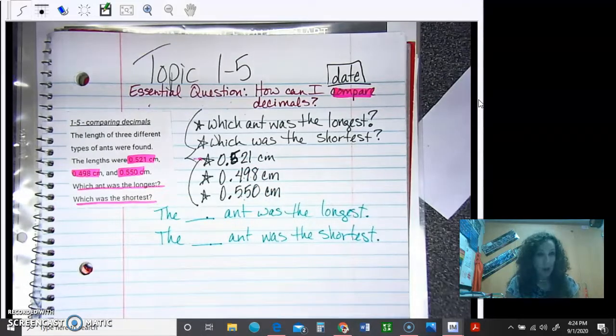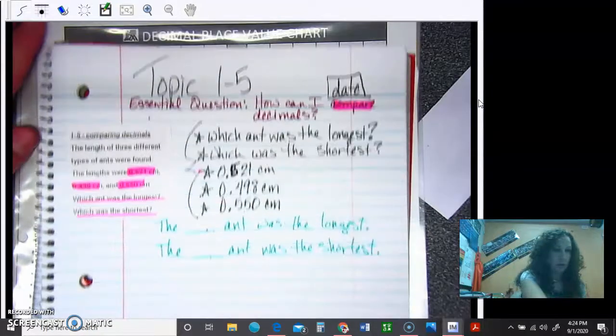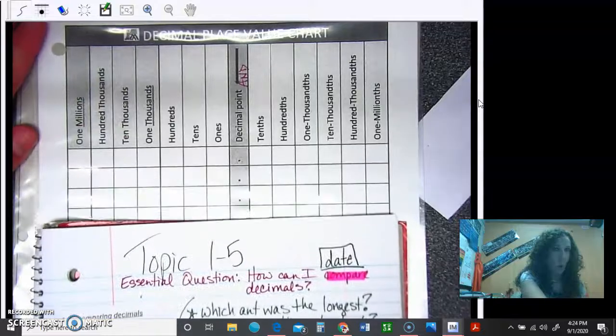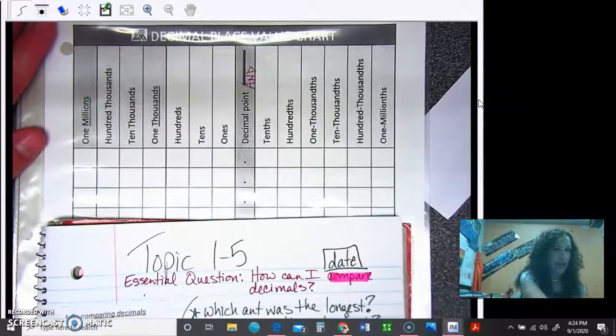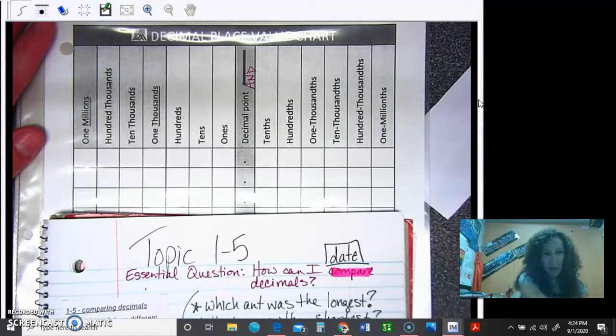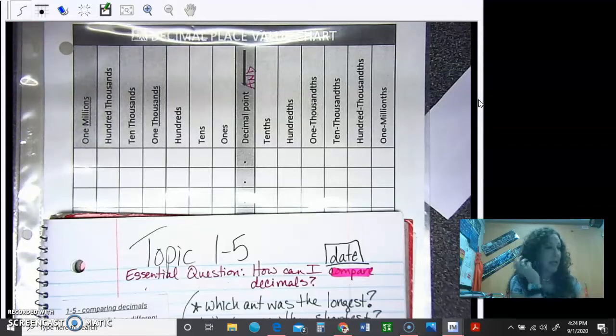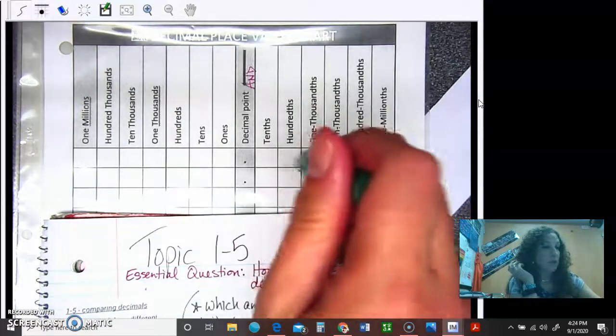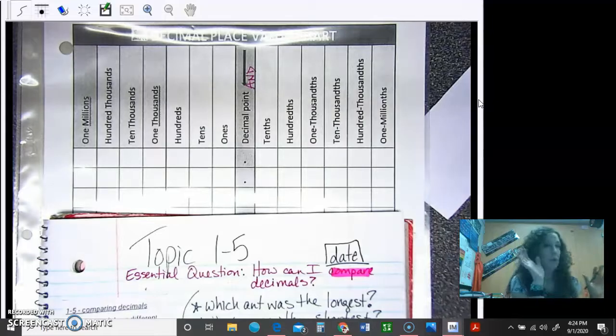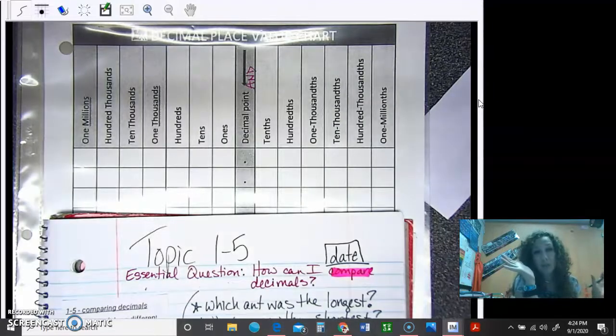So now I'm going to build a place value chart. Look at that. There's the one I gave you, right? But I'm still going to rewrite it so I can fit those 3 measurements in it. If you want to use this with your whiteboard for practice, please do. That's what it's for.